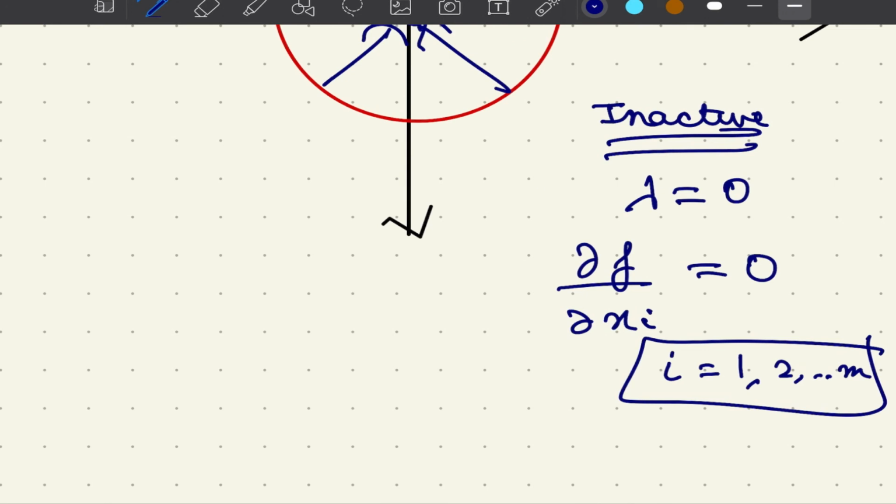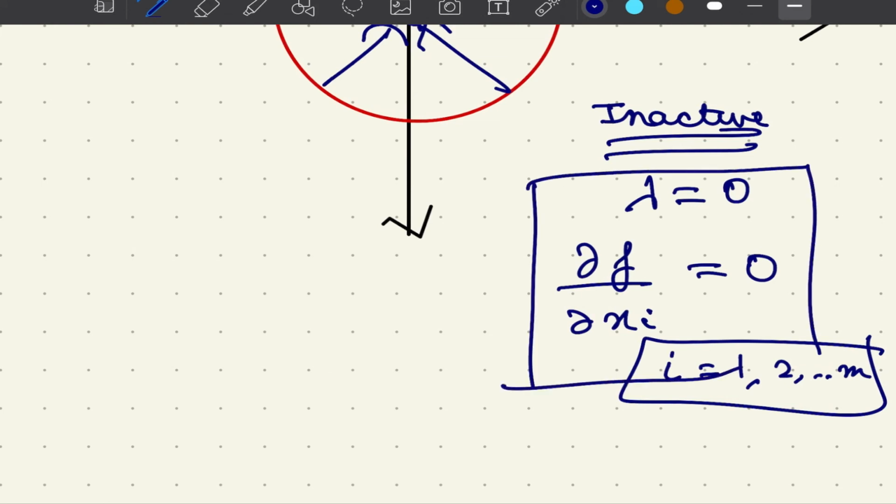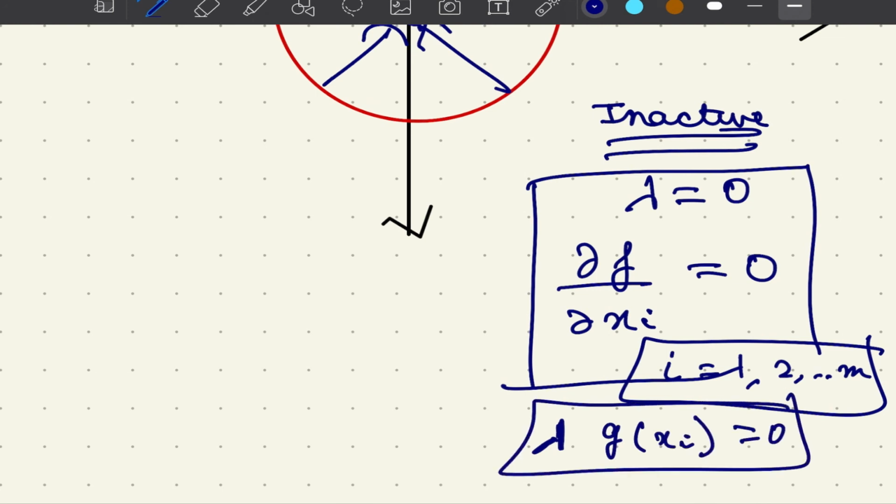And these are the two conditions that we have written: lambda equal to 0, and del f upon del x_i equal to 0. And if we say that lambda times g(x_i) is also equal to 0, it is not going to be a different thing, because whenever you multiply any function with 0, the output is always going to be 0 as long as we are in real space.